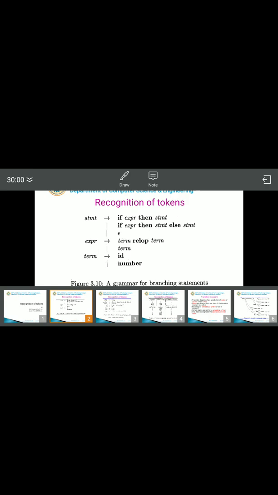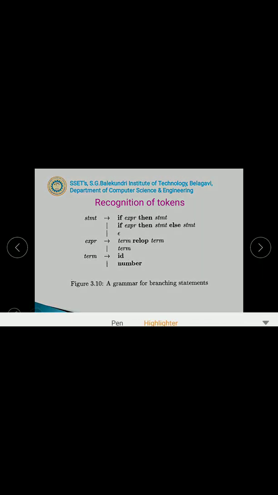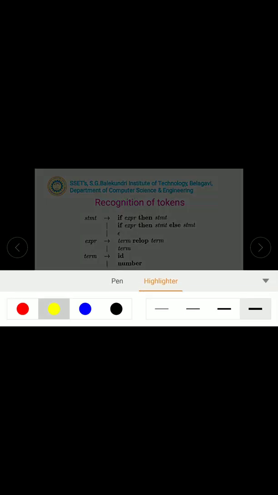Okay, now consider here in this example we are using some terminals. These terminals are the tokens. For example, a keyword called if, or then, and here it is RELOP, then ID, number.